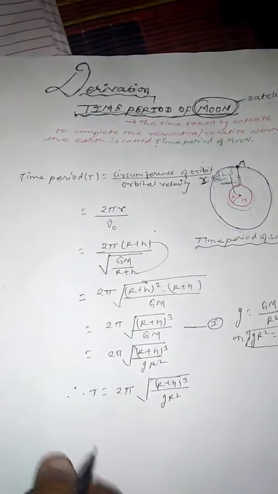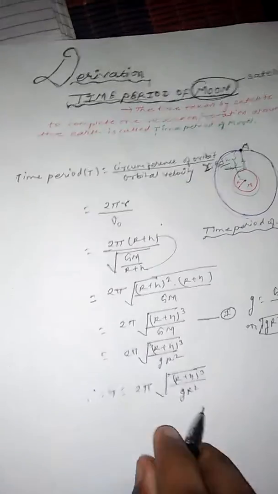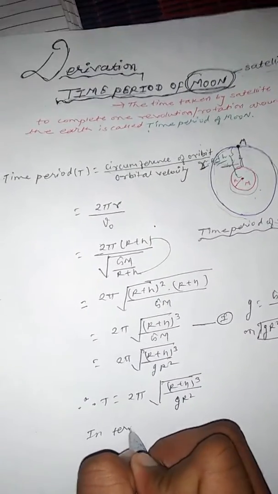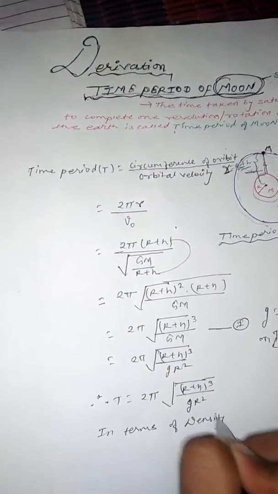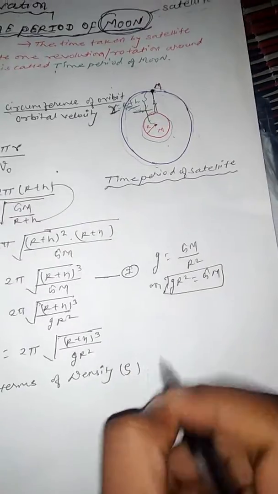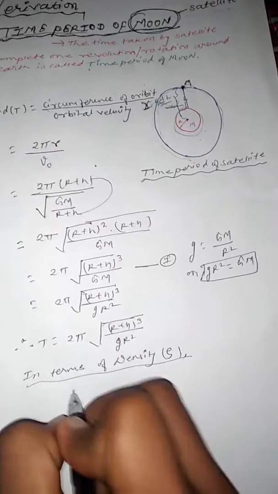Now we are finding the time period in terms of density rho and radius.